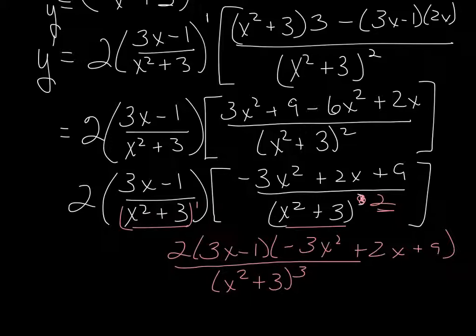Now, the chain rule also applies to our trig functions. So let's look at some examples using trig functions to be sure that we remember. The derivative of the sine of u, if u is a differentiable function of x, what's the derivative of the sine?